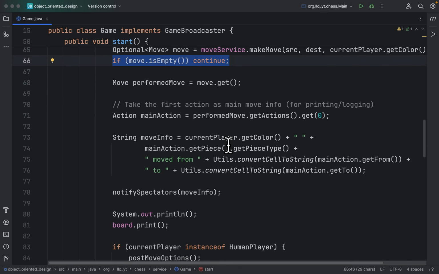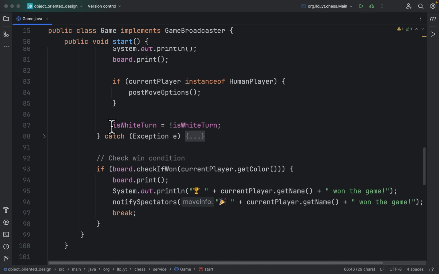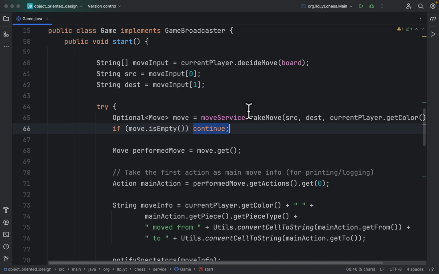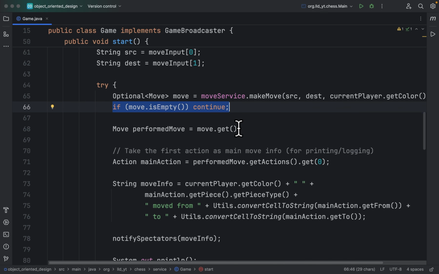So we are not flipping that variable, because we are continuing from here itself. And all the messages would be printed because we have thrown the exceptions in the move service, so we don't have to throw those exceptions again over here.